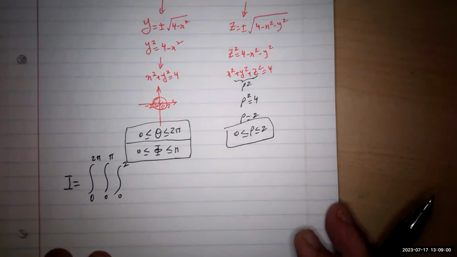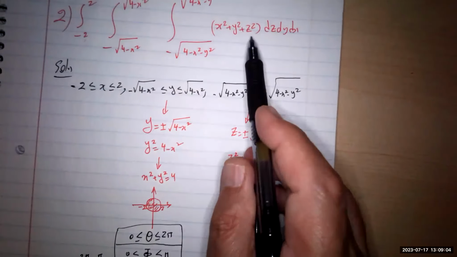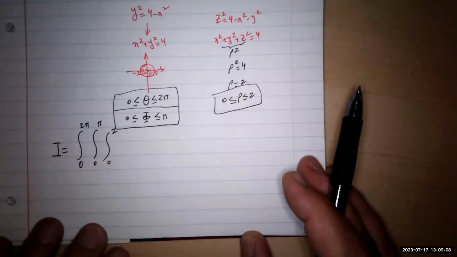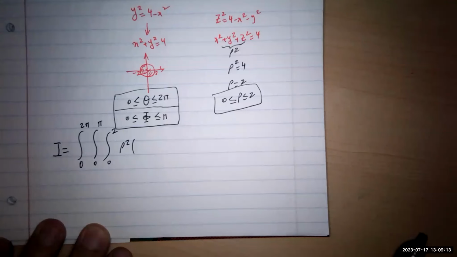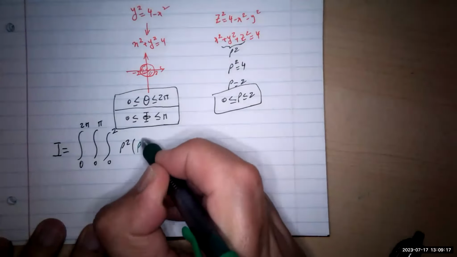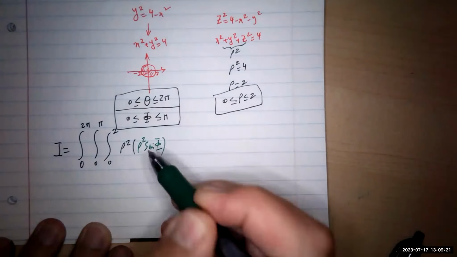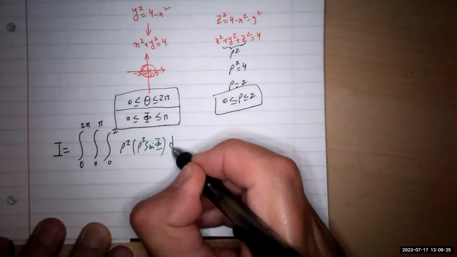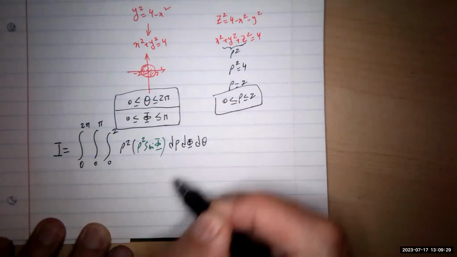Your function, x squared plus y squared plus z squared, you have to replace by rho squared. Then the extra term, the Jacobian, rho squared sine of phi. That's the one that you shouldn't miss. And then accordingly, we do the rho, then the phi, and then the theta.